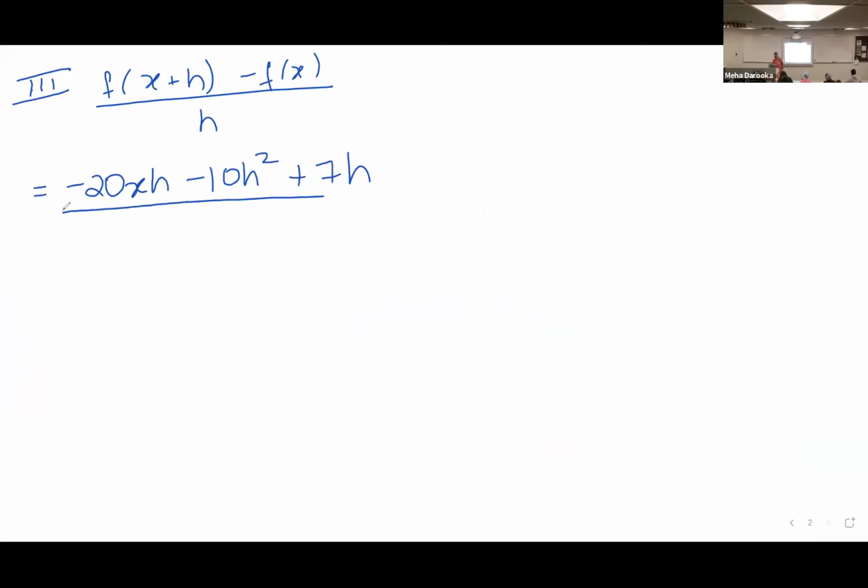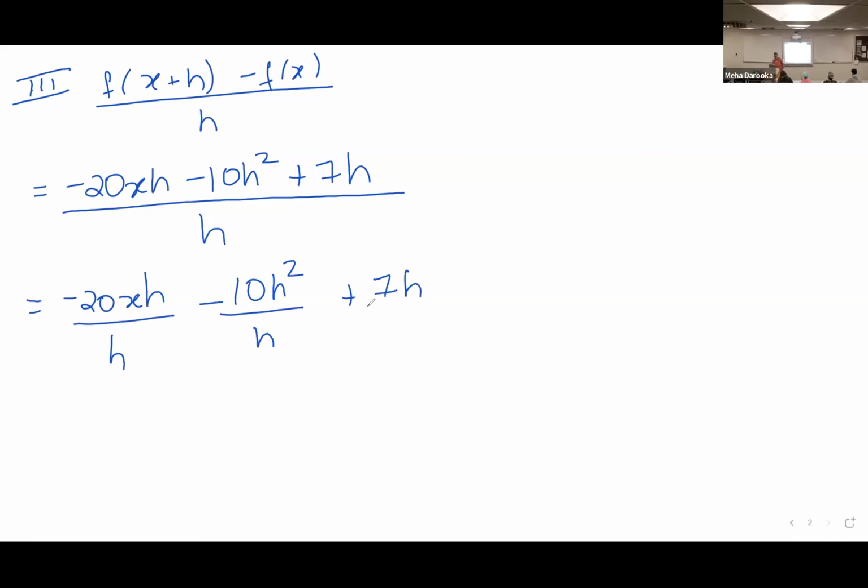So this is the answer from step 2, divide everything by h, or what I like to do is separate. So divide the first term by h, divide the second term by h, divide the third term by h. So it makes it easy to see how those h's cancel each other, right?